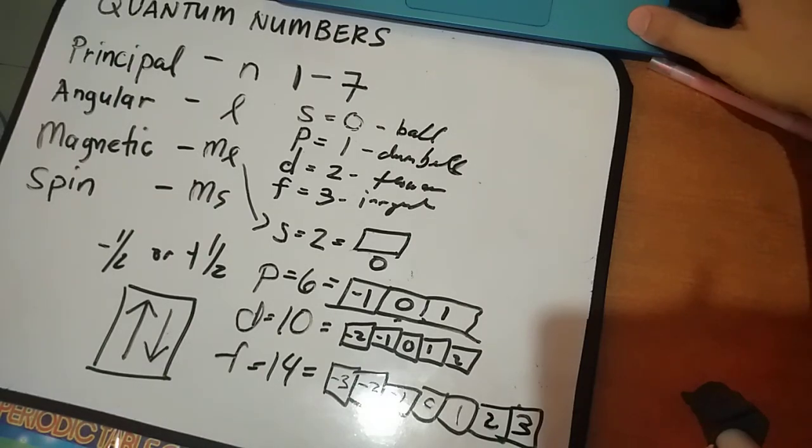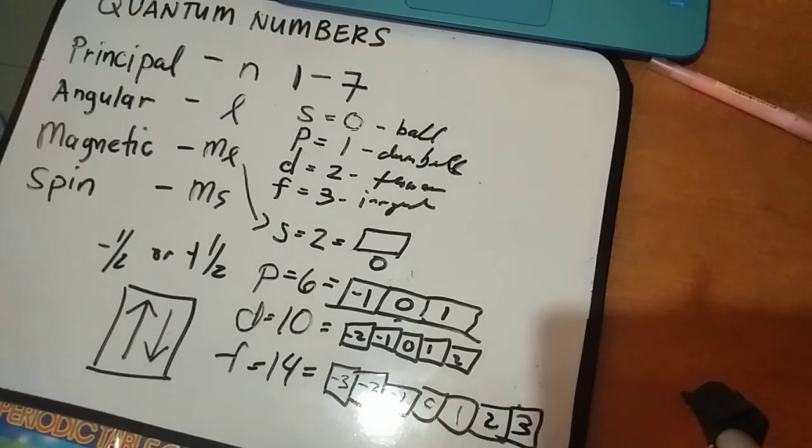So, kung titingnan natin yung general rule, it would follow the Aufbau, Pauli's exclusion, and the Hund's rule, which is in the PowerPoint presentation. But you would see how I would do it for the quantum numbers.